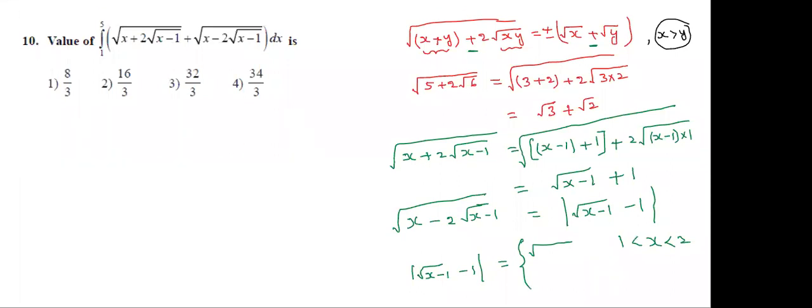So we have to write minus of root x minus 1 minus 1. If you take 2 less than x less than 5, you will get positive under root x minus 1 minus 1.